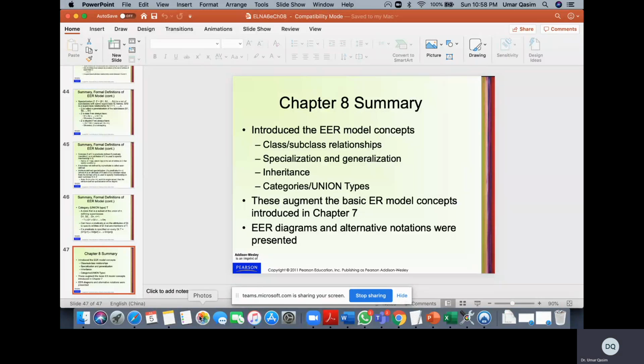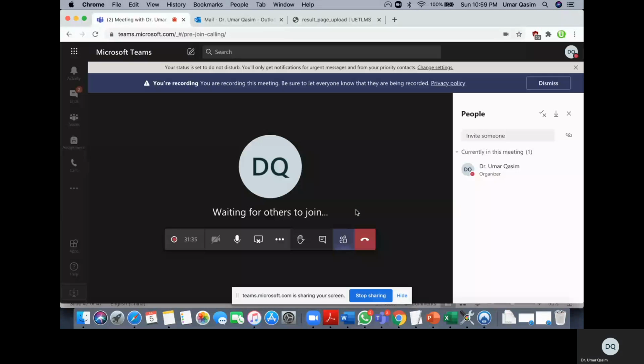So I leave you here with the lecture so far, and please review this along with the slides and read the chapter in the book, which will help you understand the concepts in a better way.